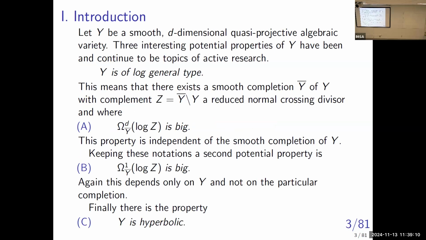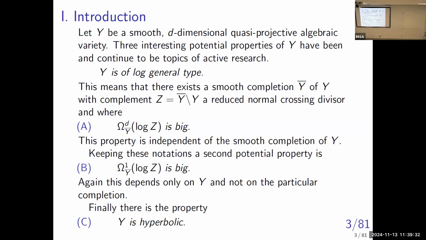One is that it is of log general type. So that means that there's a smooth completion to a compact, smooth algebraic variety where you've added a reduced normal crossing divisor, points at infinity.